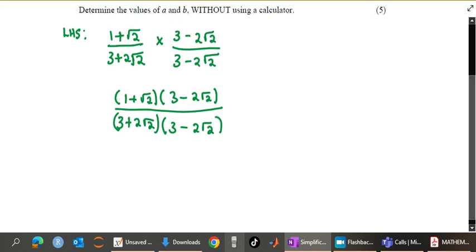Here we are told that we are not allowed to use calculator, so there's no way of cheating this except doing it step by step.